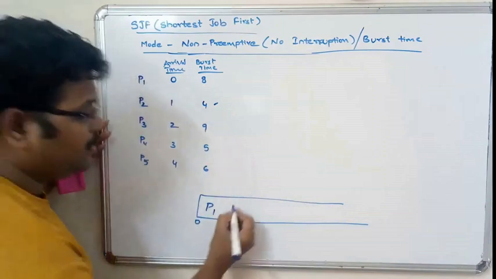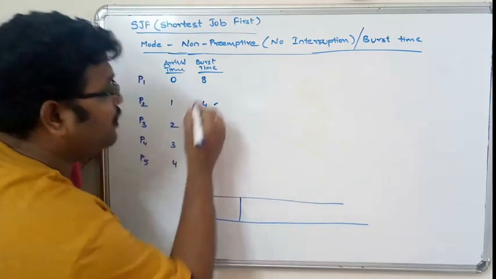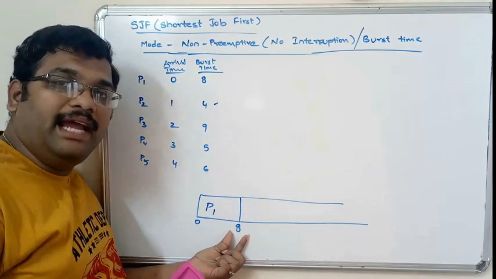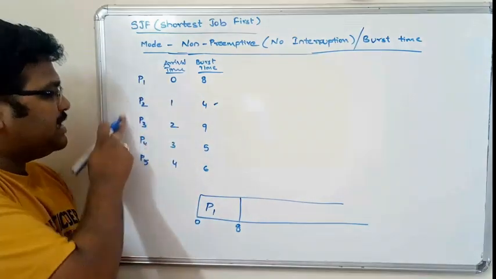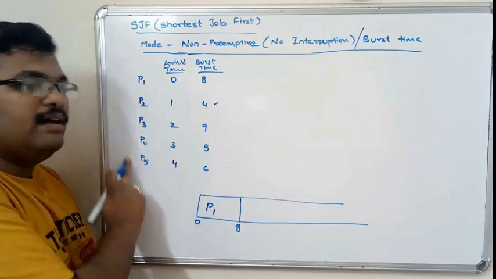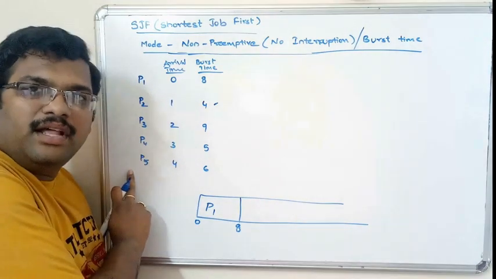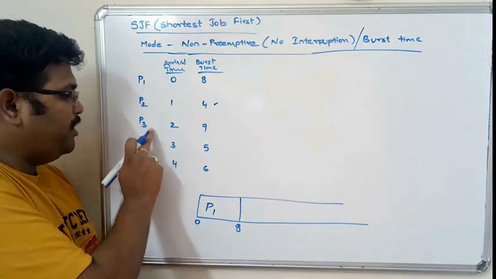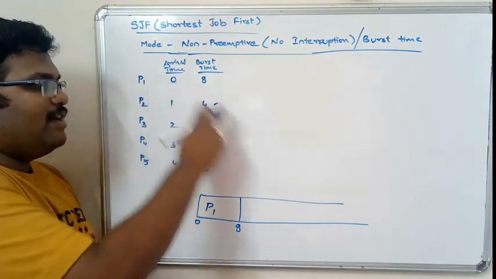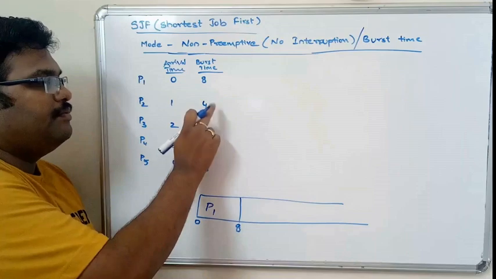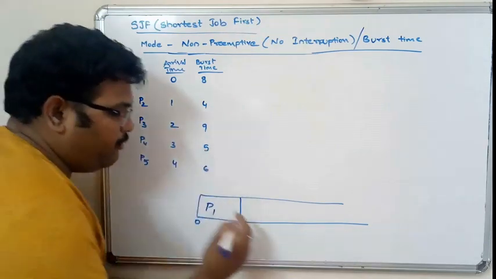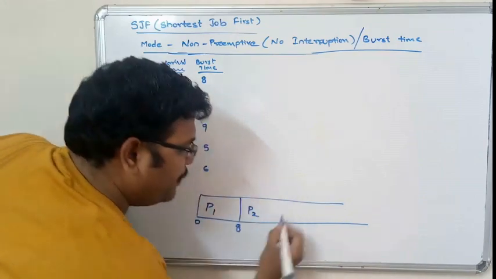So P1 will execute until 8 milliseconds. When the time is 8, all the remaining processes have entered the ready queue. Among P2, P3, P4, P5, which one has the lowest burst time? It is 4. That means P2 has the lowest burst time, so P2 will be given to the CPU.